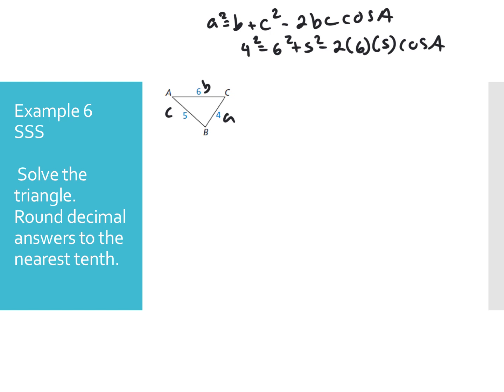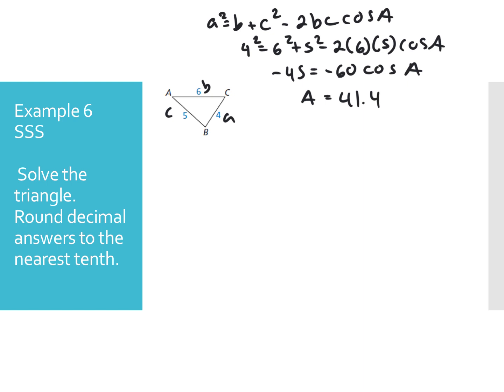So I'm going to go ahead, guys, and just plug it into the calculator. And I'm left with negative 45 equals negative 60 cosine A. So when I do the inverse cosine of negative 45 divided by negative 60, I get that my angle A is 41.4.